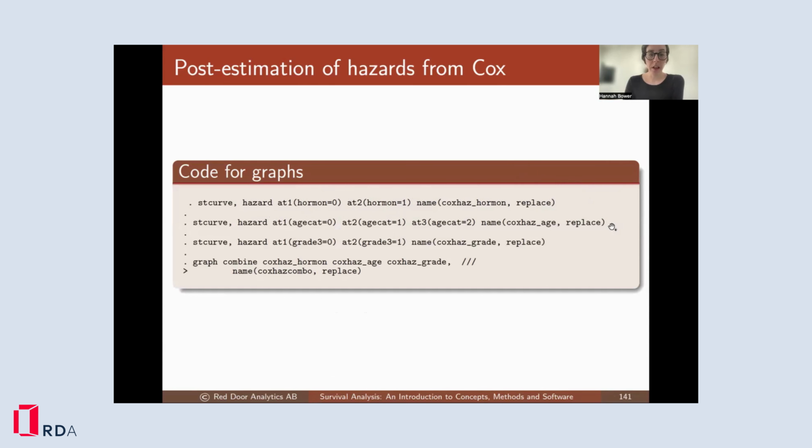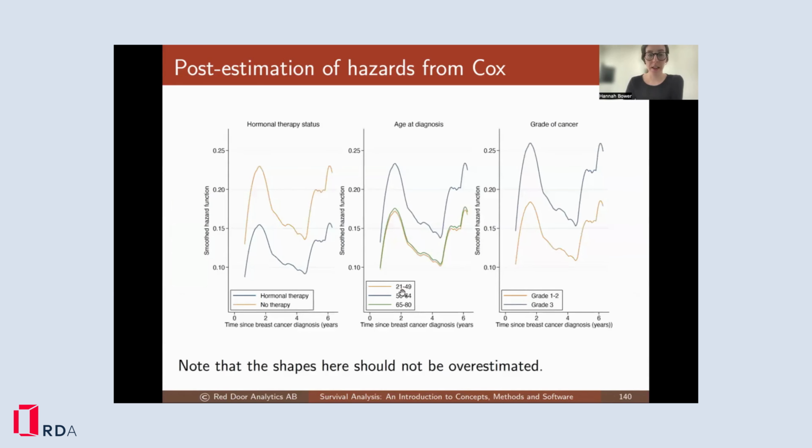And then we run the command again, but we instead have the age categories here. So you can see I have 3 different at options. And then I create a graph in the third sdcurve for the grade variable. And then once I've created these 3 separate graphs, I use this command graph combine to create the combined graph as shown in the slide here.